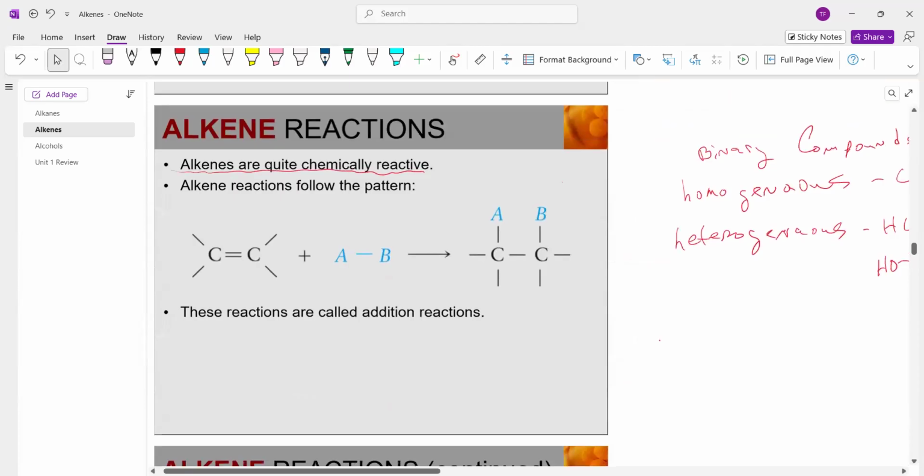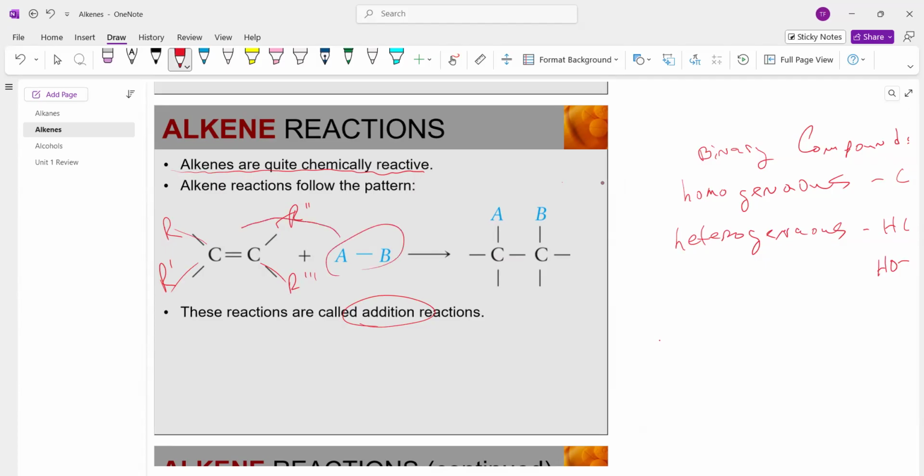Here we're adding to the double bonds, hence they're called addition reactions. So we have the double bond, and whatever is attached to it. Usually you write R, R, R, and those are just something. These could be H's, other carbons, nitrogens, whatever. We're going to add this AB across that double bond.